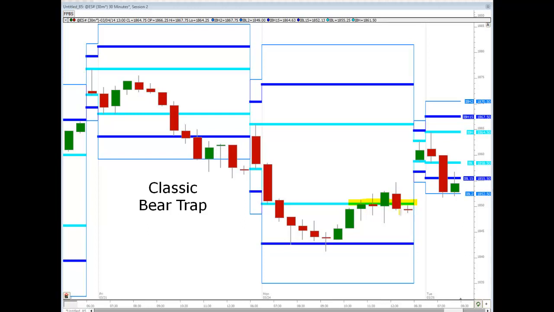So what happens quite often is, since this is now perceived as a level of resistance, and we have in fact been in a downtrend, that's really the trend that's been going on in the past 2 days, some will choose to hold on to a short at this point, thinking that prices will continue lower.